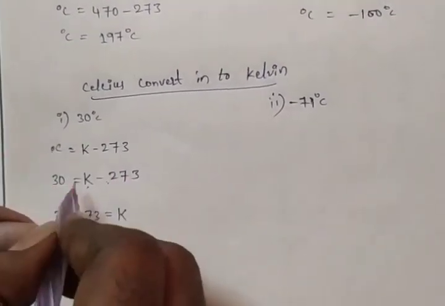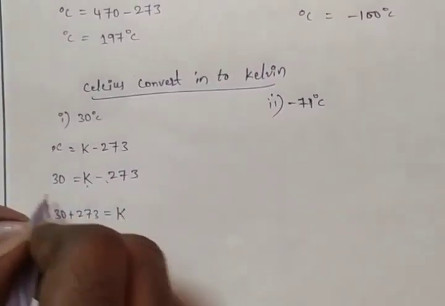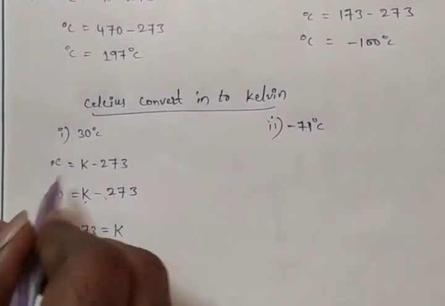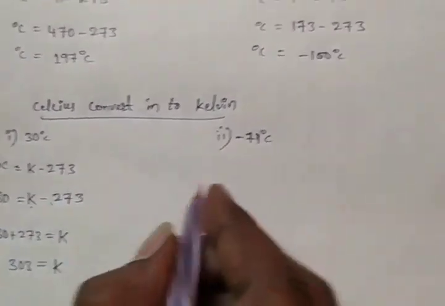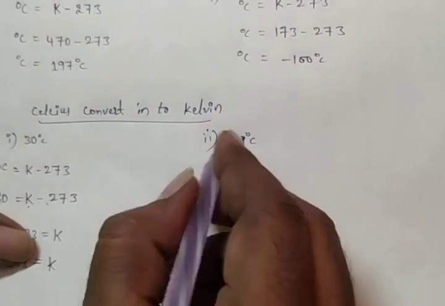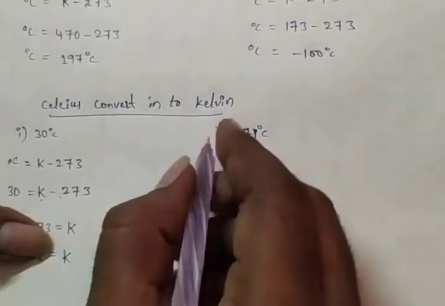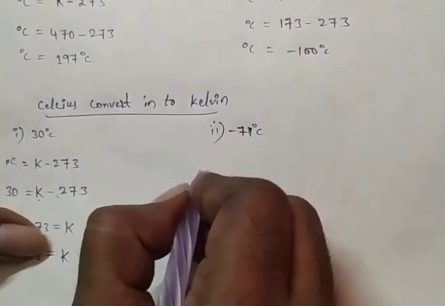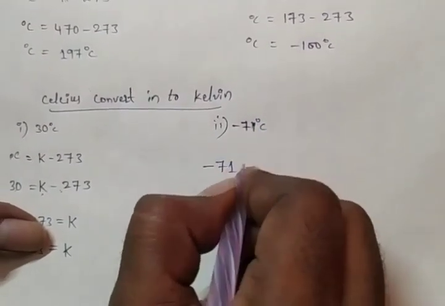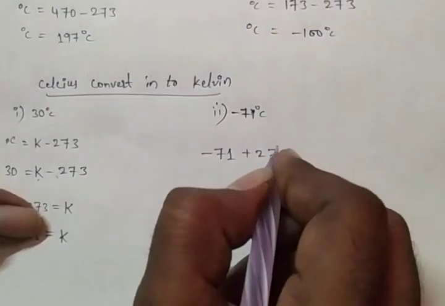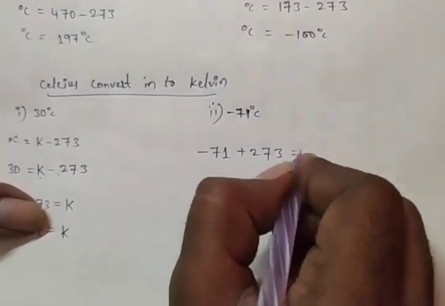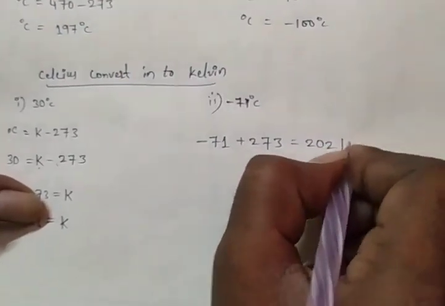Why are we converting this minus 273 to plus 273? Because they already gave degree Celsius, that's why we change the sign. And the next one is minus 71 degree Celsius, to which we add plus 273.